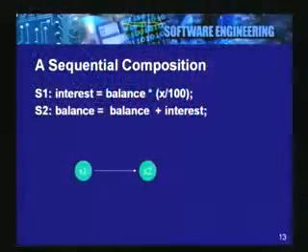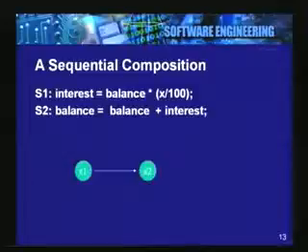So, let us look at some of these primitives that are used to generate these control flow graphs. First is the sequential composition. You have two statements. Here is one example. You have S1, which calculates interest as balance times some x percentage factor, and S2, balance equals balance plus interest. So, you add this interest into the balance. So, you have S1 followed by S2.